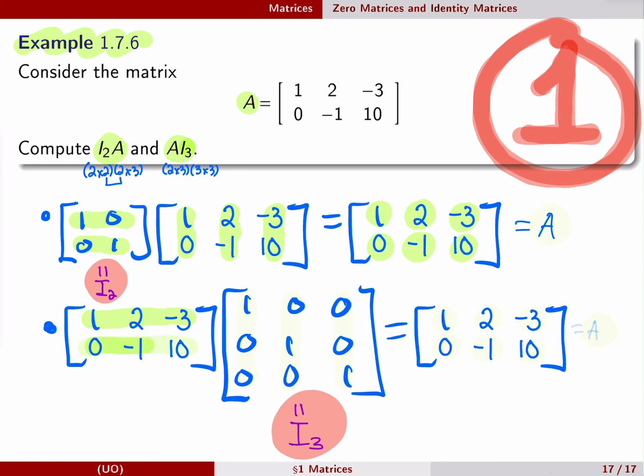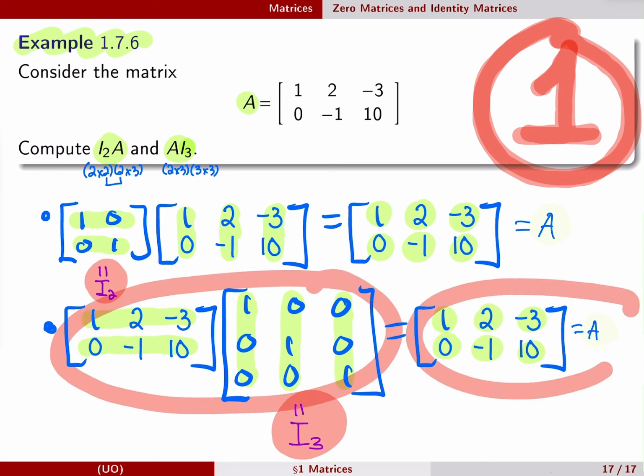If you start with A, remember the left matrix is always columns, and then you multiply it by I3, where I circle the columns of I3. If I take all these columns and I do my matrix multiplication, what you're going to get is, again, the matrix A. Do that matrix multiplication, it's so fun.